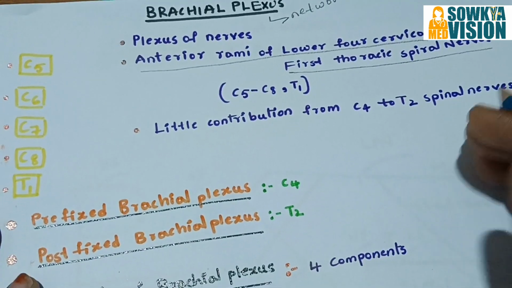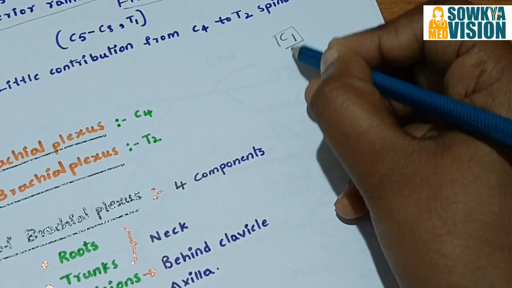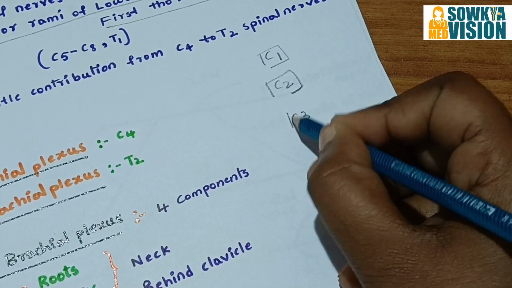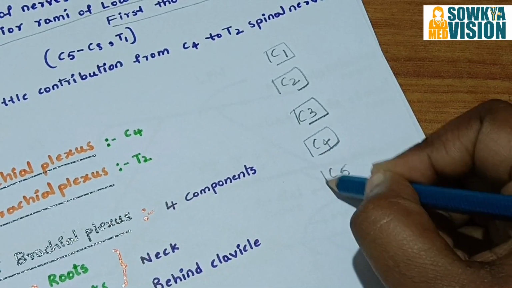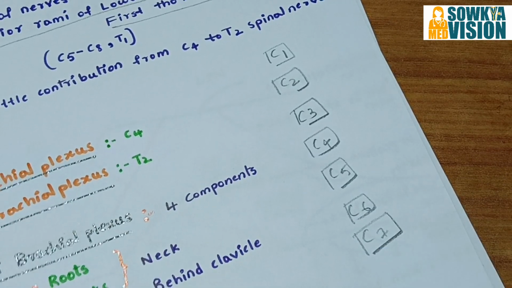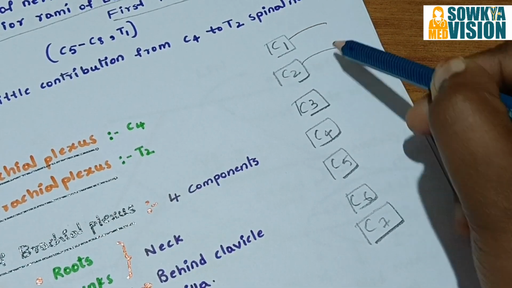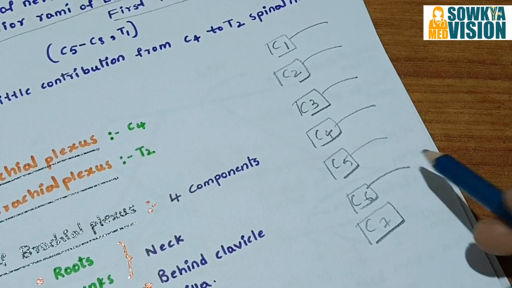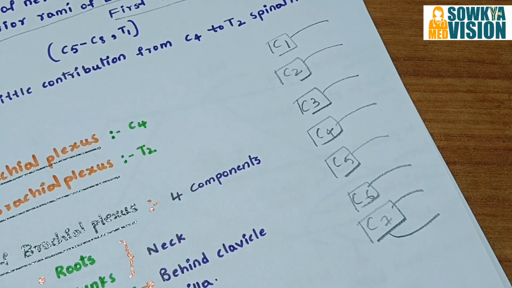How? For example, C1, C2, C3, C4, C5, C6, C7. These are the vertebra. Now, C1 arises from here, C2 here, C3 here, C4 here, C5 here, C6 here, C7, and C8 from below the C7 vertebra.